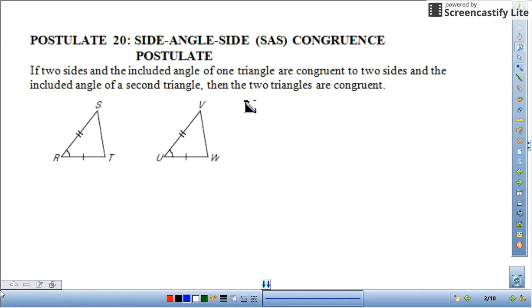Postulate 20, the side-angle-side congruence postulate, says that if two sides and the included angle of one triangle are congruent to two sides and the included angle of a second triangle, then the two triangles are congruent.